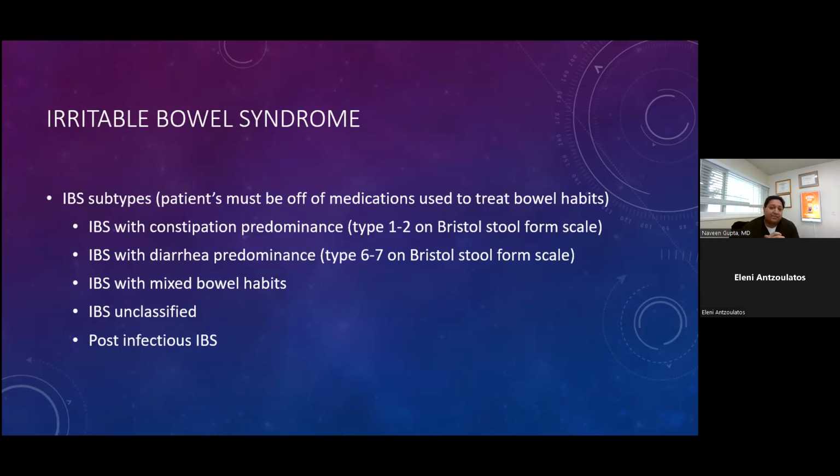The actual criteria would say that more than a quarter of the time they'll be with one or the other. So more than a quarter of their stools will be that constipated stool, more than a quarter will be that diarrheal stool. Then there's the unclassified, where they don't really have the bowel changes, but they have IBS-like symptoms. And then there is this offshoot of post-infectious irritable bowel syndrome, which we'll talk about a little later.